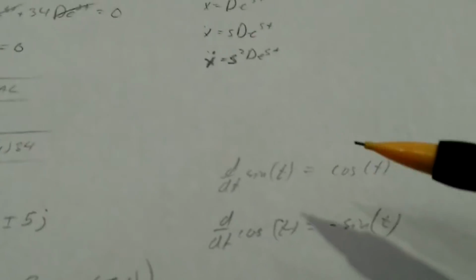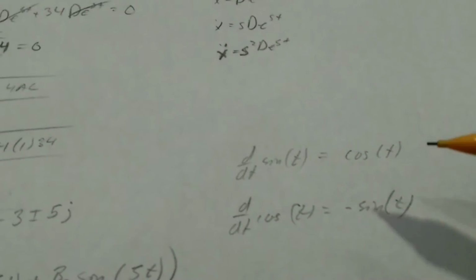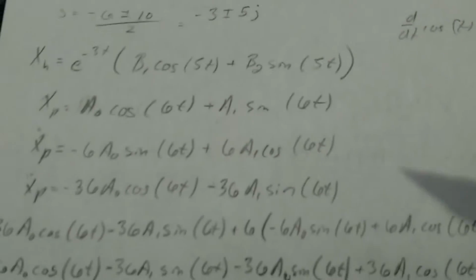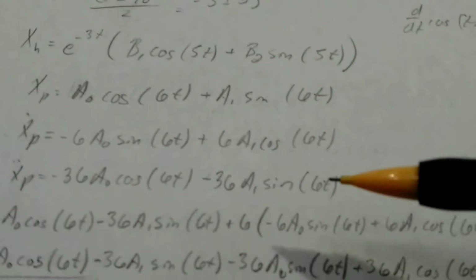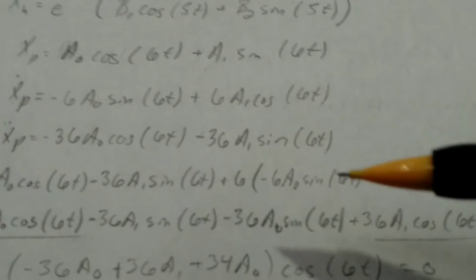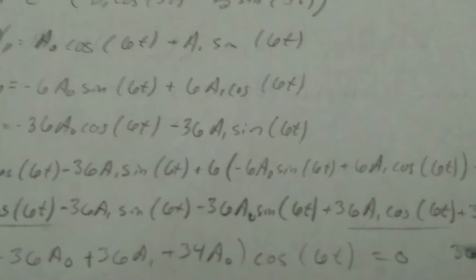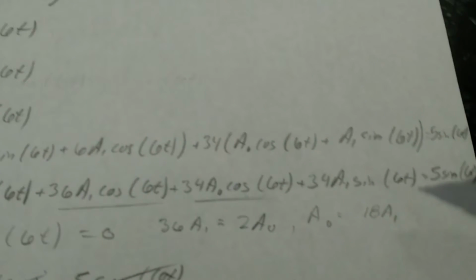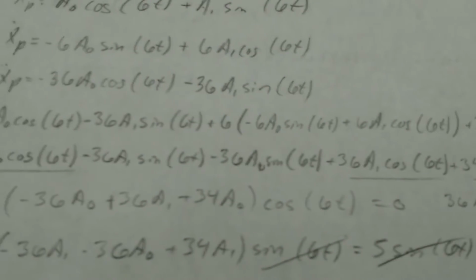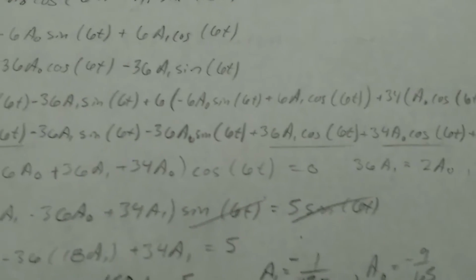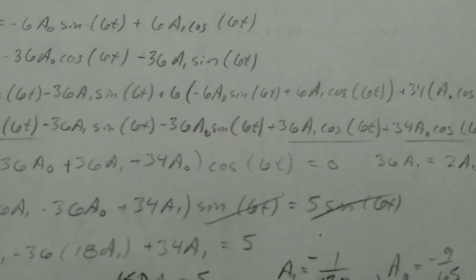Keep in mind exactly what the derivatives are of sine and cosine. You can generate these expressions, which then substituted back into the equation is a little lengthy, but you get this first equation. Simplifying, we get the second equation, and after further simplification, you can get your a1 and a0.